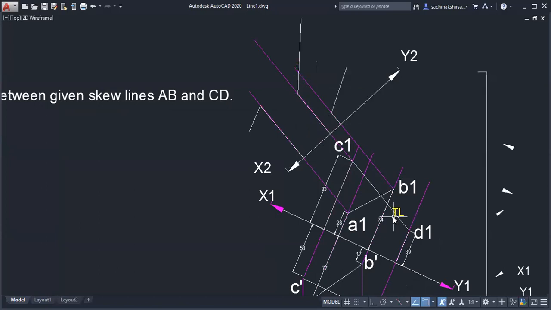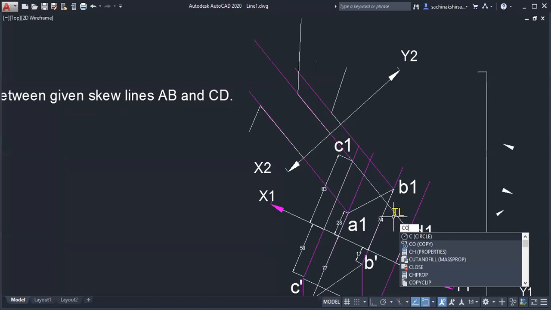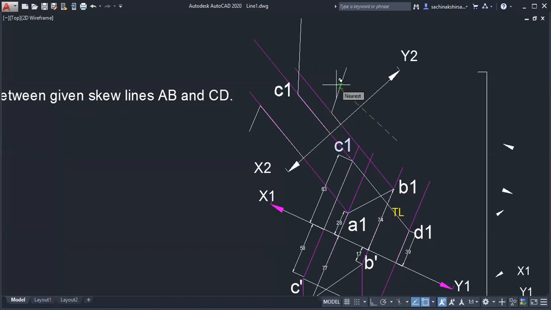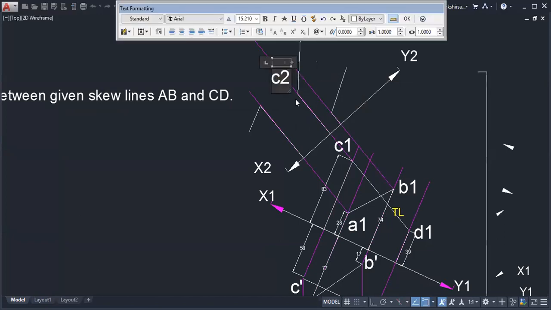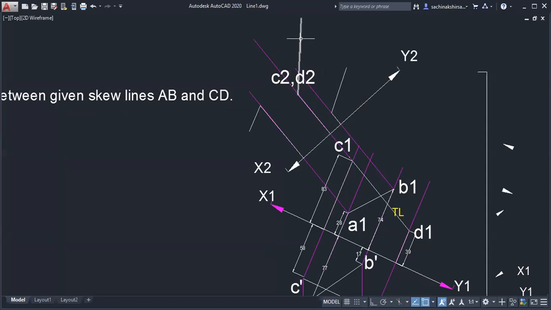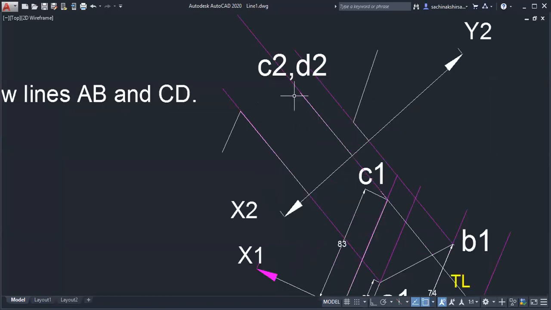Okay, so let us give points. On the projector of C and D, which point will I get here? C2 and D2. Okay, so that will be the point view. Here there will be a point.